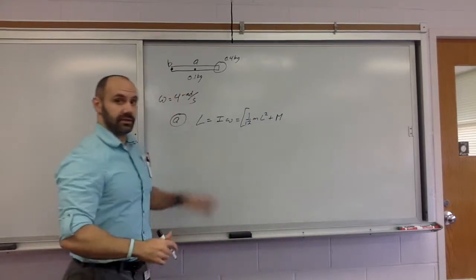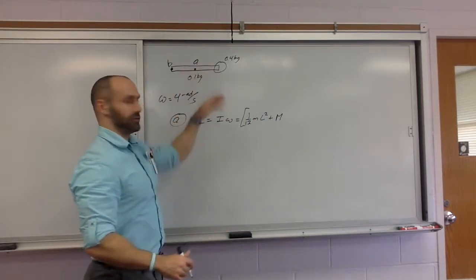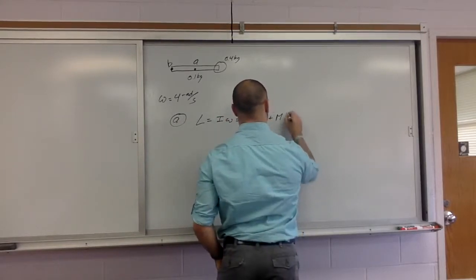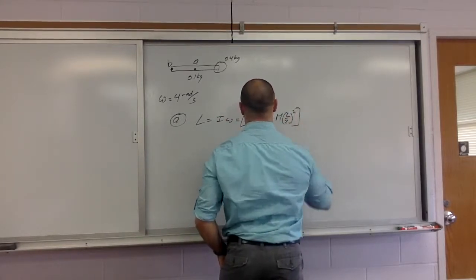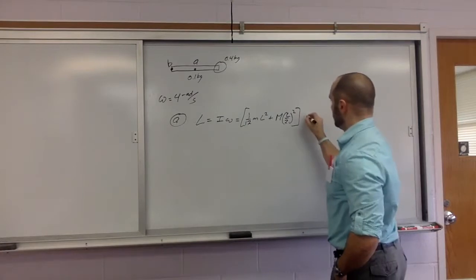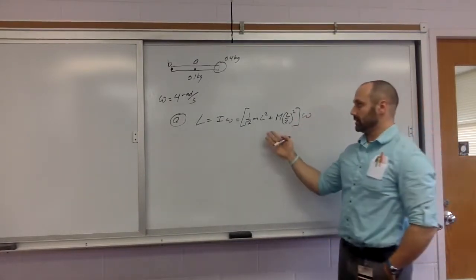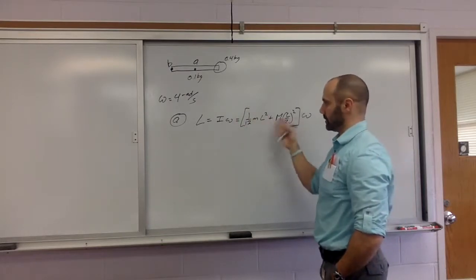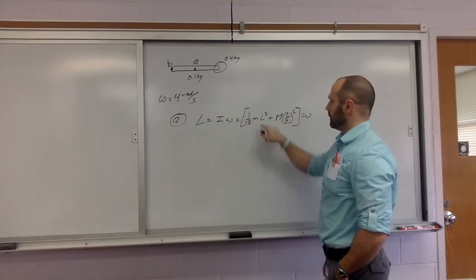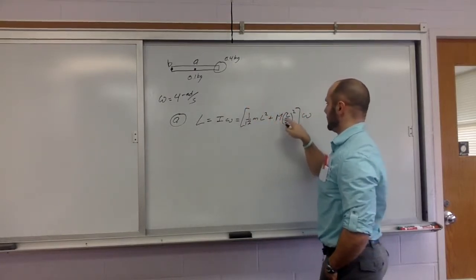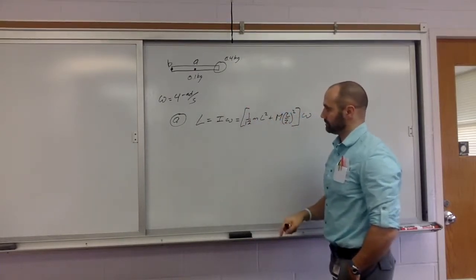And r is this half distance, so L over 2, which will end up being 50 centimeters or 0.5, times omega. That's it. Again, this is the important part: the setup. After this, we're just plugging in numbers, where little m is this, L is 1 meter, and this m is 0.4.